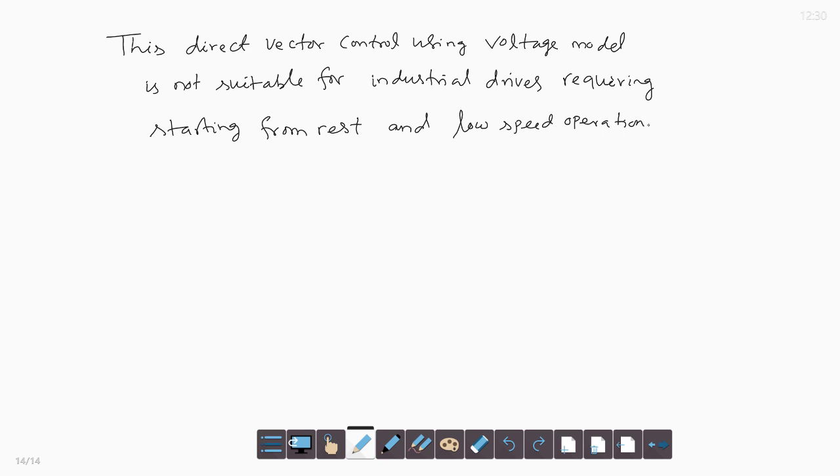So this is not suitable, voltage model is not suitable for low speed operation or drives requiring starting from rest.